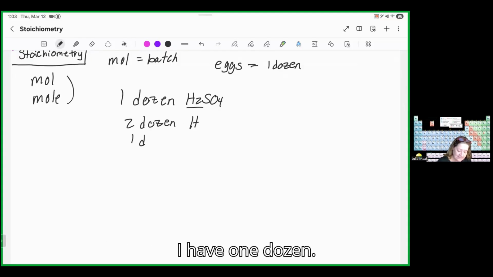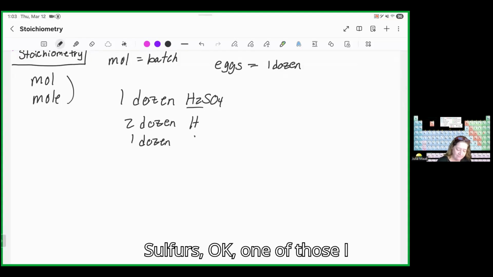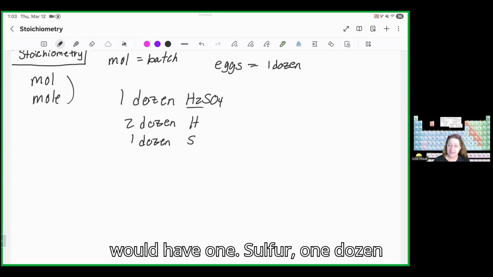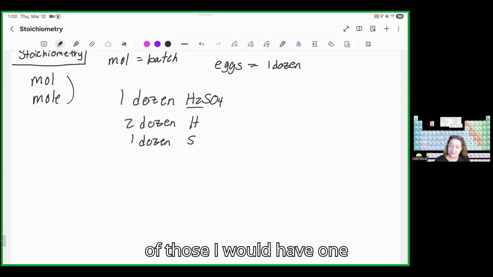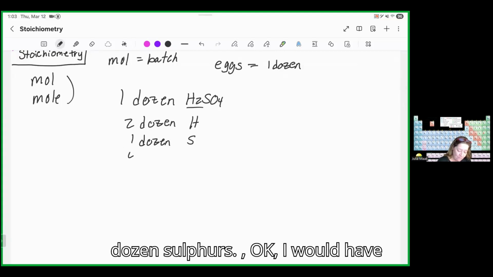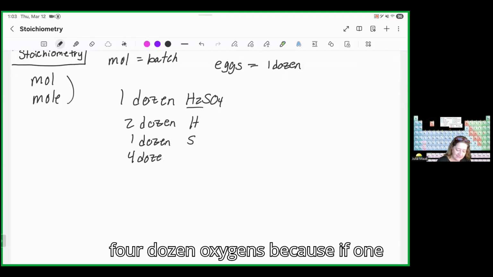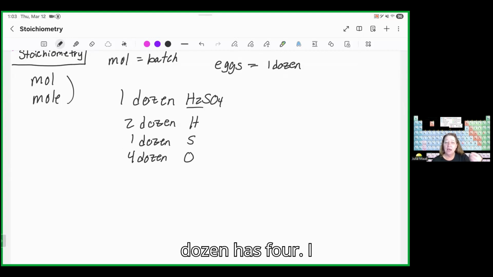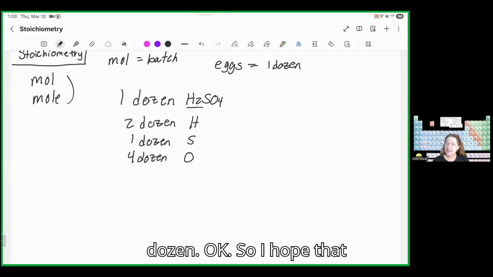One of those has 1 sulfur, so 1 dozen of those I would have 1 dozen sulfurs. I would have 4 dozen oxygens, because if one of them has four, 1 dozen has 4 dozen. I hope that makes sense.